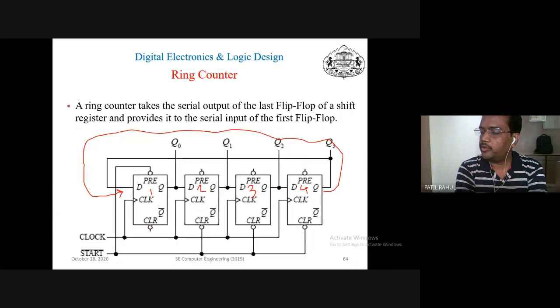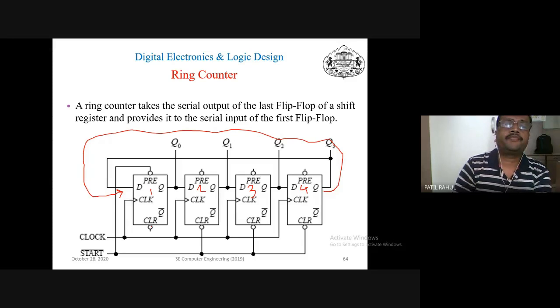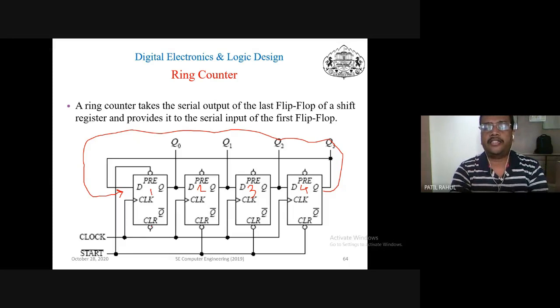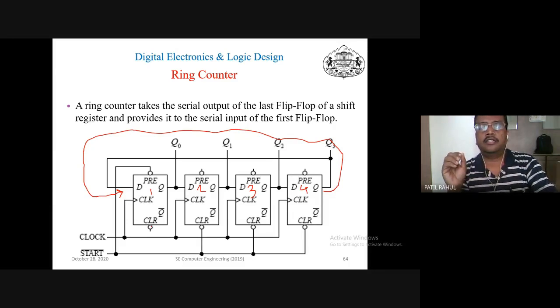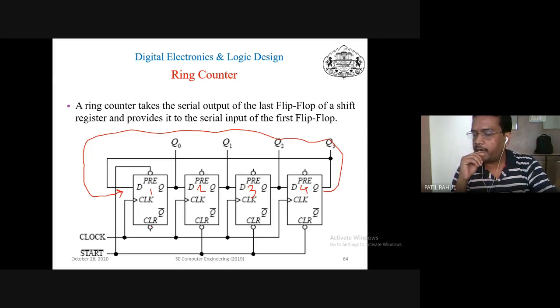Now we will move ahead. I think you got the connection of this ring counter. As concerned to the ring counter, there are four D flip flops. The preset input is connected to the first D flip flop, and the clear input is connected to the remaining three D flip flops.